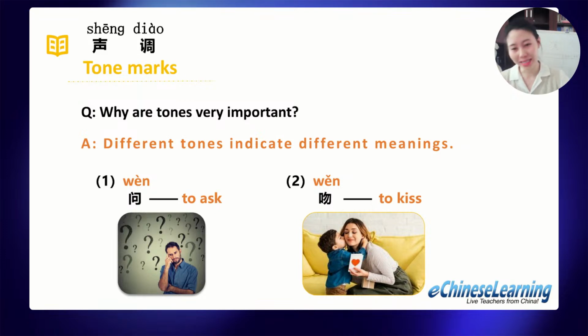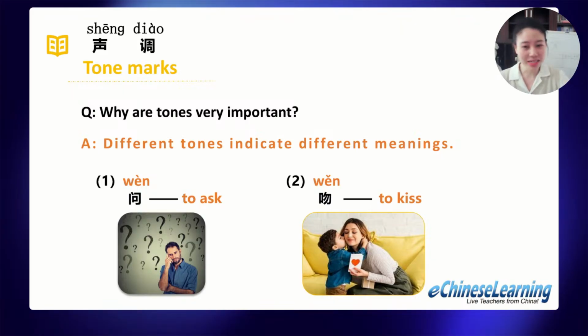Before we practice, we're going to know why tones are very important. You can see here, the different tones indicate different meanings. For example, if you want to ask a stranger something, we say 我问你, that would be the sentence to say I ask you.